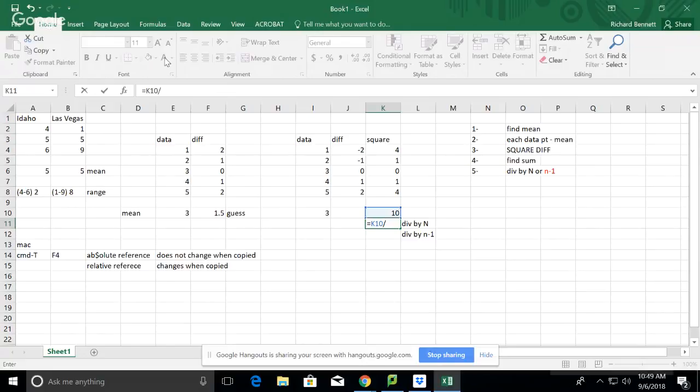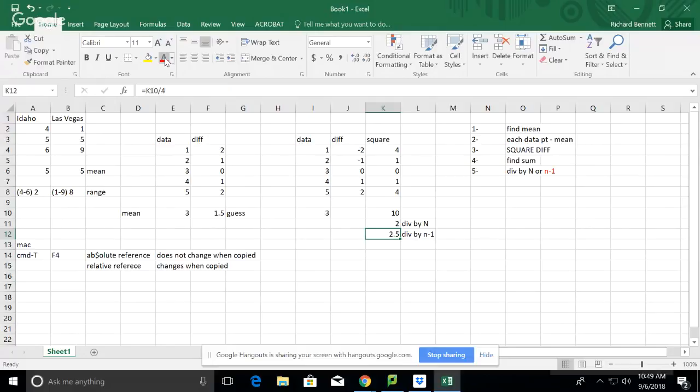What's my n in this case? How many data points do I have? 5. So I'm going to divide by 5. And I'm also going to do 10 divided by this one, n minus 1, which in this case is 4. Okay? So I got a 2 and I got a 2.5.